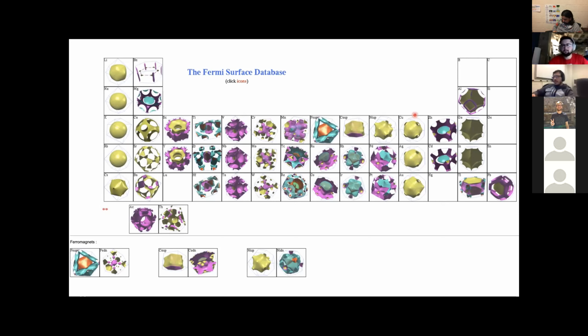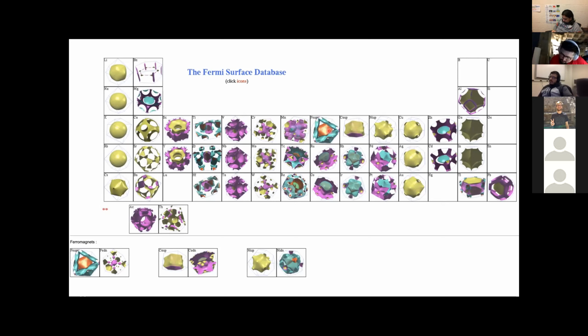Now, beryllium has this Fermi surface, so you see it's not a sphere. Some of them are really weird. This one right here is the density of states of iron for the up electrons. And actually iron is a ferromagnet. The ferromagnet means that there's actually a difference between being spin up and spin down.